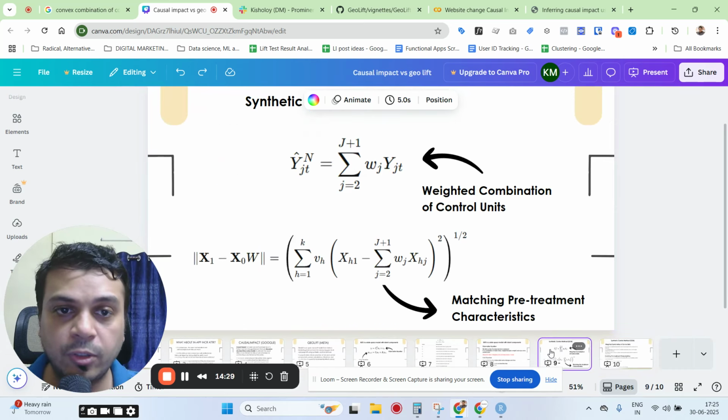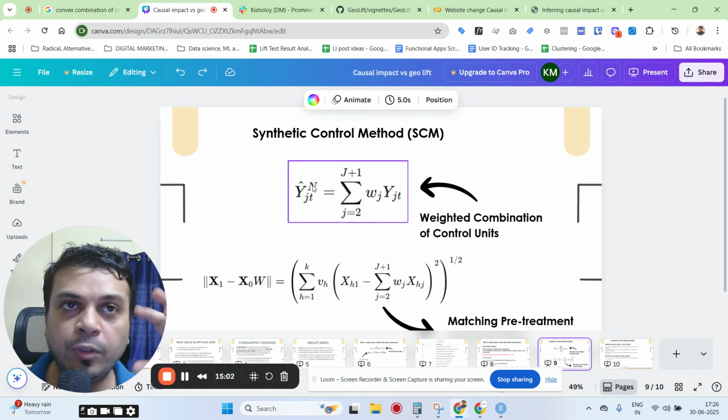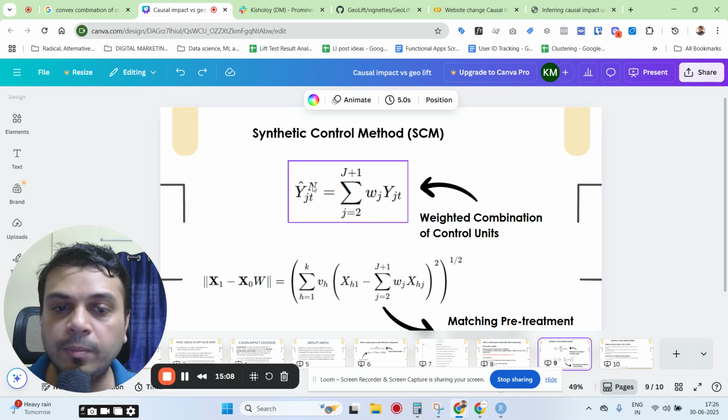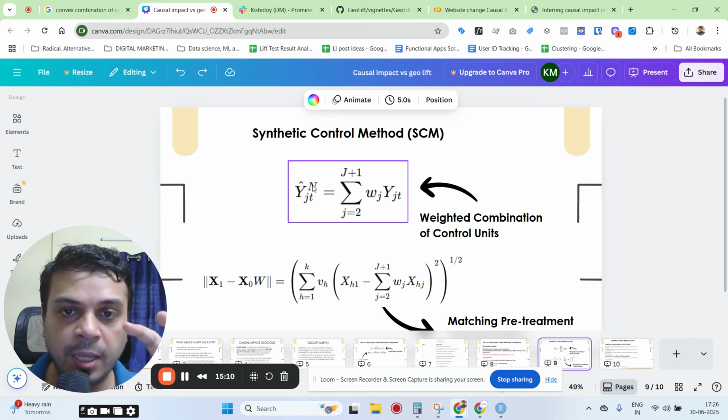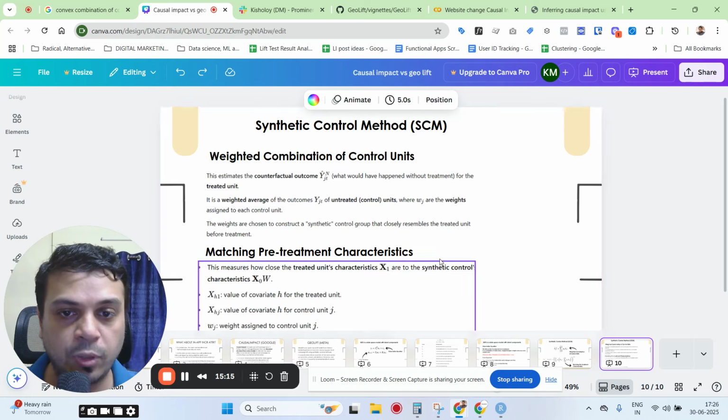And how do you do that? You do that by conceptualizing the synthetic controls as a set of units which would have behaved in a very similar manner to the test unit had the test unit never undergone that intervention at all. I know this sounds a little complex, but this is basically the crux of the idea. There are a lot of conceptual elements going on.